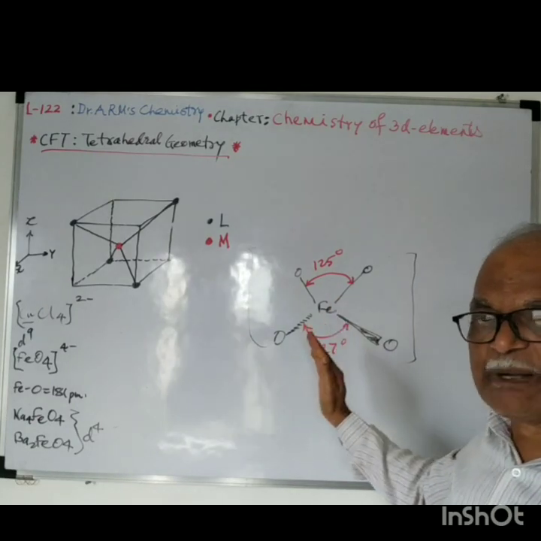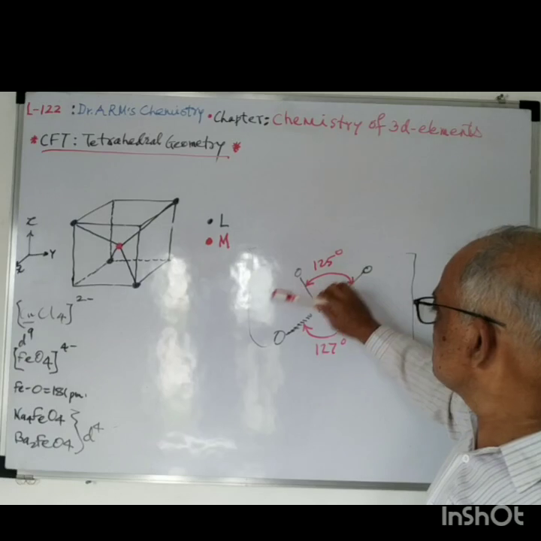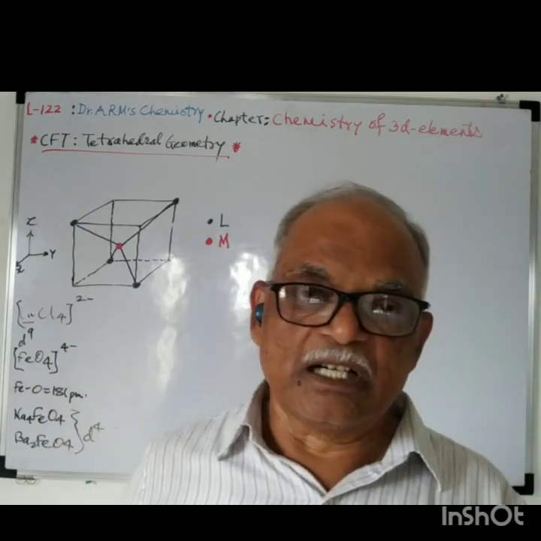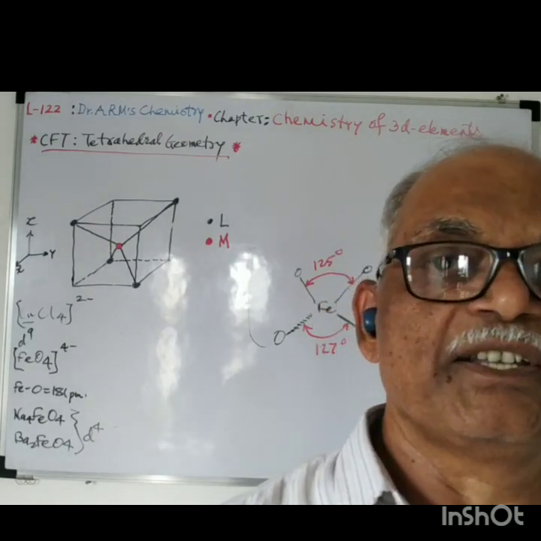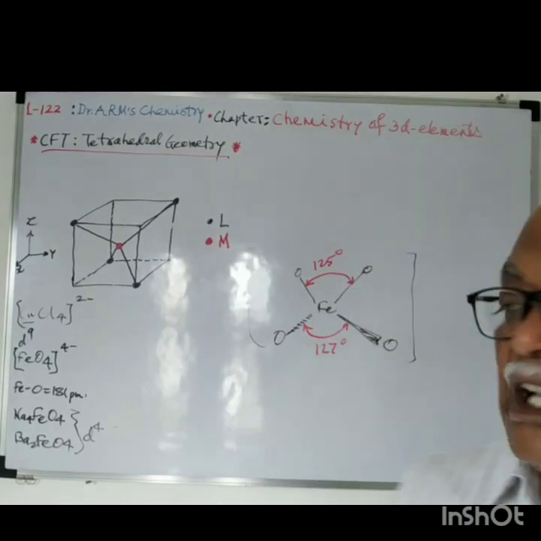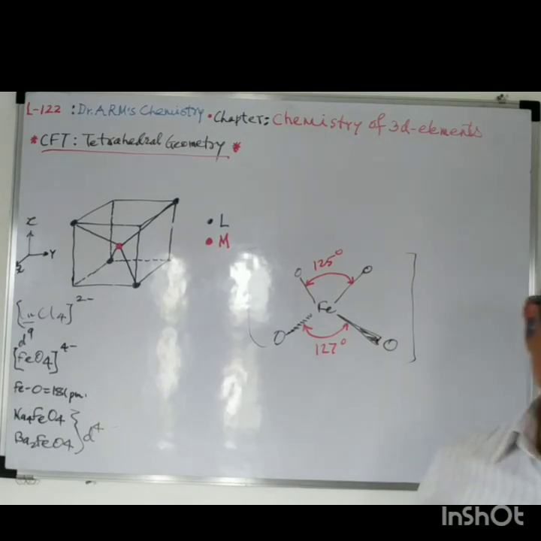So they are lying perpendicular, but their angles are changed, meaning these oxygens are moving away. The bond angle is increased from 109 degrees 35 minutes to 125, and in this case it is 127 degrees.